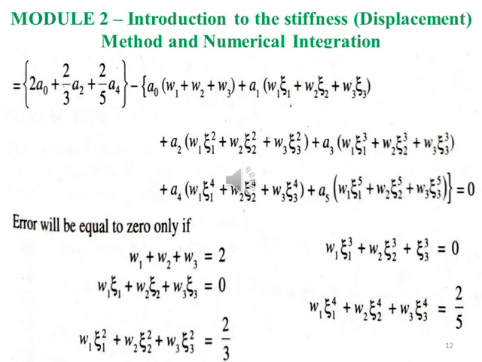So the error is equal to 0 only and only if w1 plus w2 plus w3 is equal to 2, w1 z1 plus w2 z2 plus w3 z3 is equal to 0, and w1 z1 square plus w2 z2 square plus w3 z3 square is equal to 2 by 3, w1 z1 cube plus w2 z2 cube plus w3 z3 cube is equal to 0, and w1 z1 power 4 plus w2 z2 power 4 plus w3 z3 power 4 is equal to 2 by 5. These equations we have got by substituting the functions and the values along with the weights, and by calculating the equivalent values.